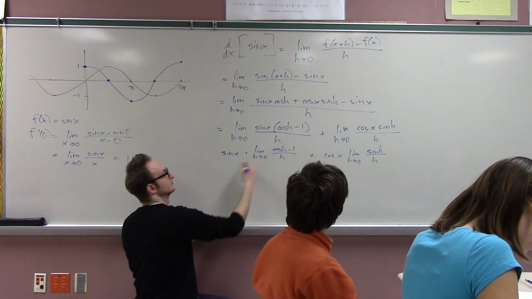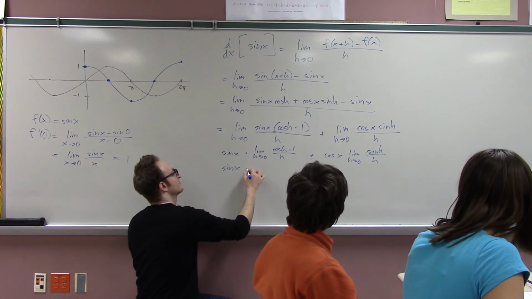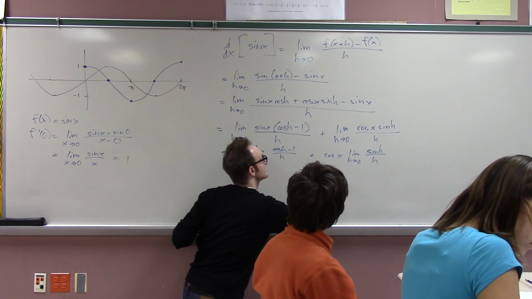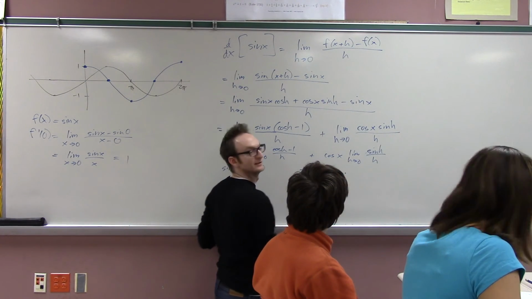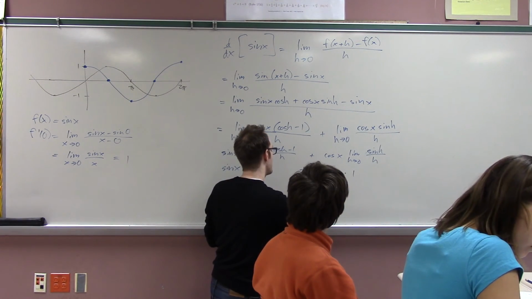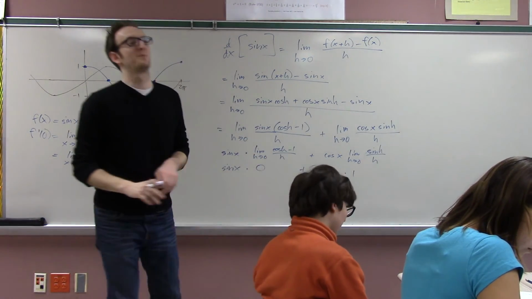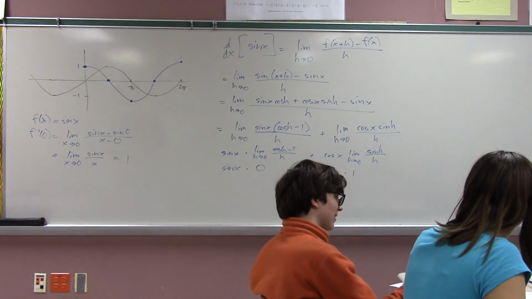What's this limit? 0. That limit is, as previously memorized, 0. And this is cosine x times, what's that limit? 1. Holy crap. Don't tell anyone any of the other periods. The derivative of sine is cosine.